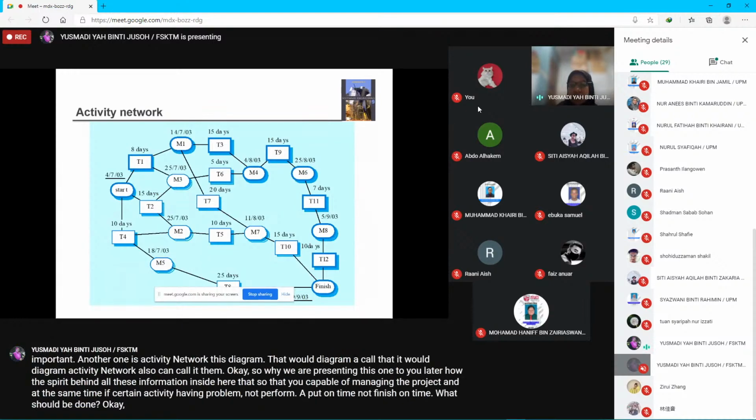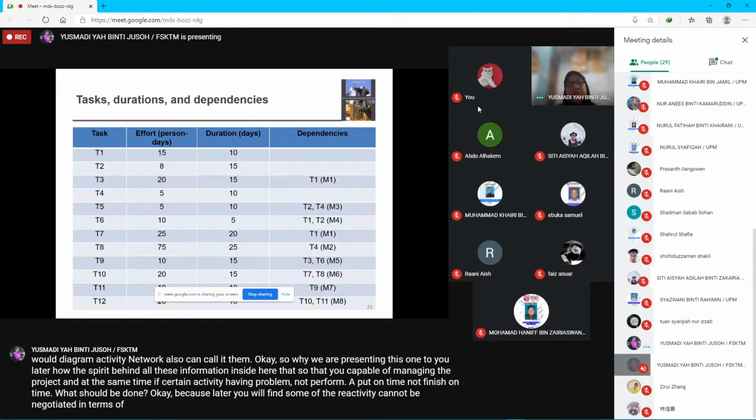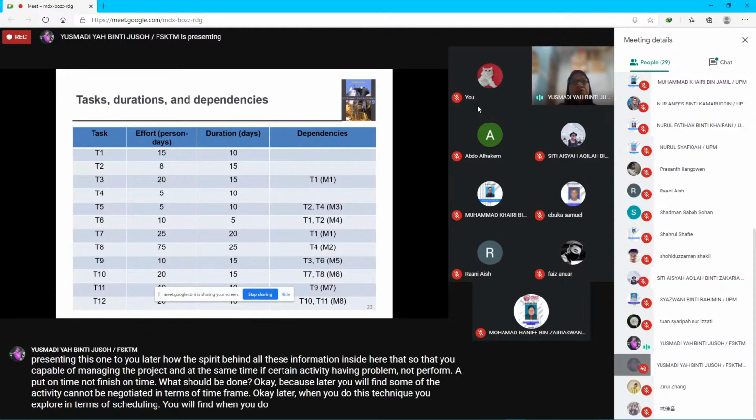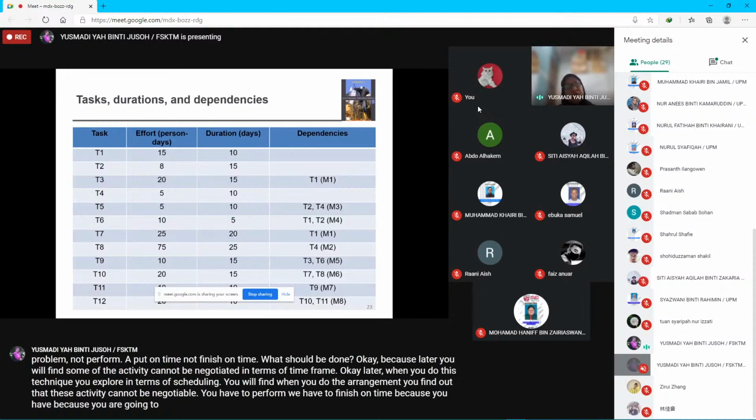Because later you will find some of the activities cannot be negotiated in terms of time frame. When you use this technique and explore scheduling, you will find when you do the arrangement that this activity is not negotiable. You have to finish on time because you are going to perform other activities, and other activities are interrelated until the end of the project.